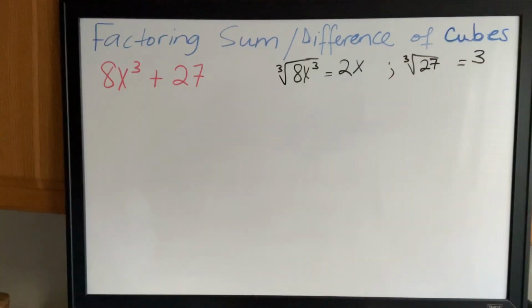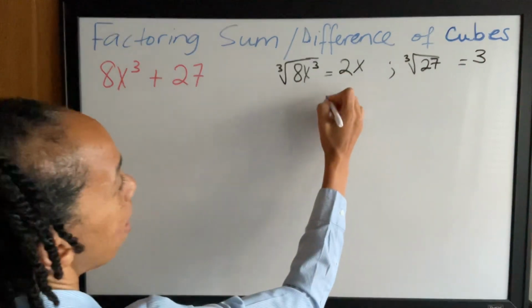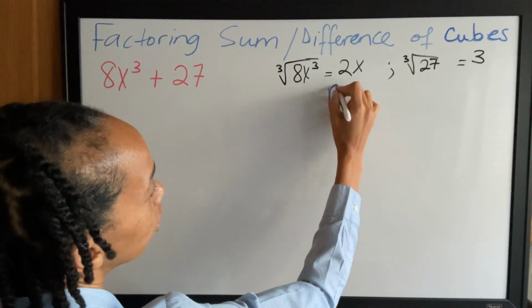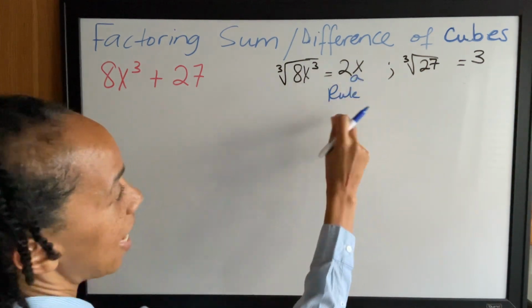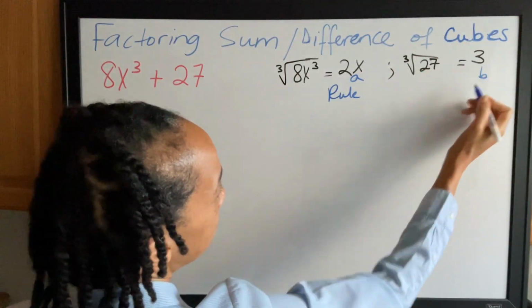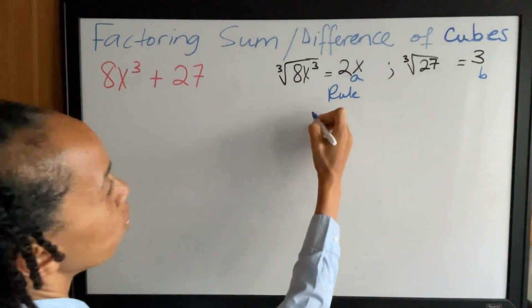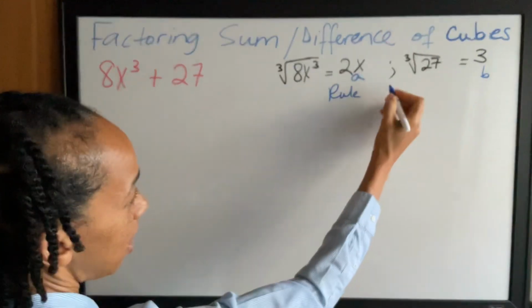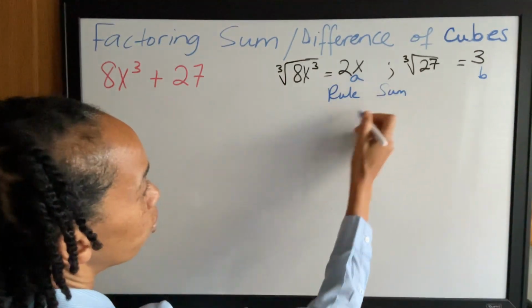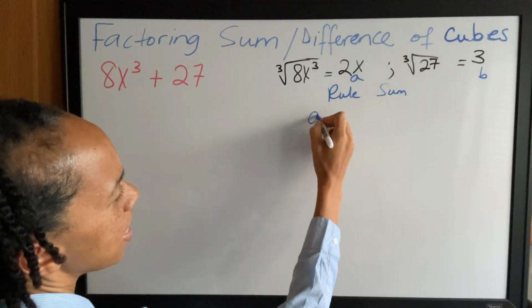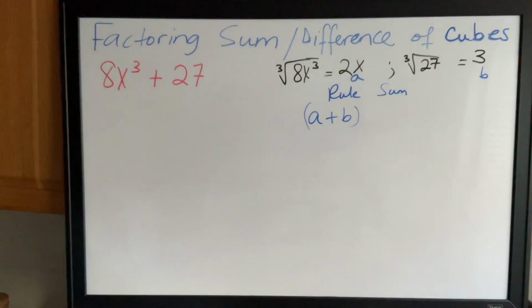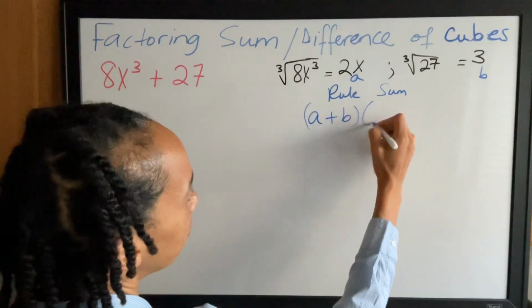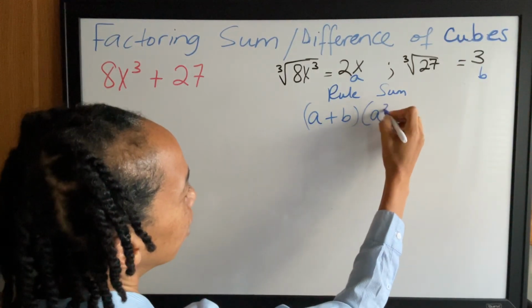Okay? Now the rule is, and I'm going to write out a rule for you and show you how to remember and apply it. First of all, we're going to name this A and we're going to name this B. Okay? So the sum rule is going to be A plus B, in parentheses, that's a binomial, multiplied by A squared.